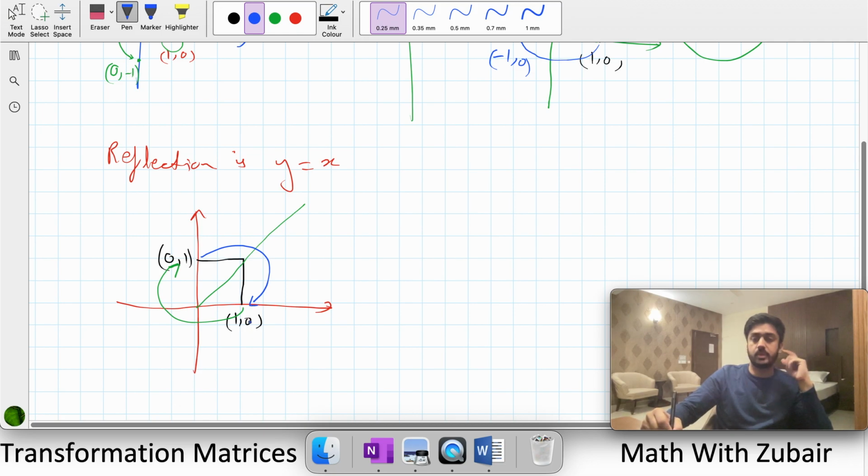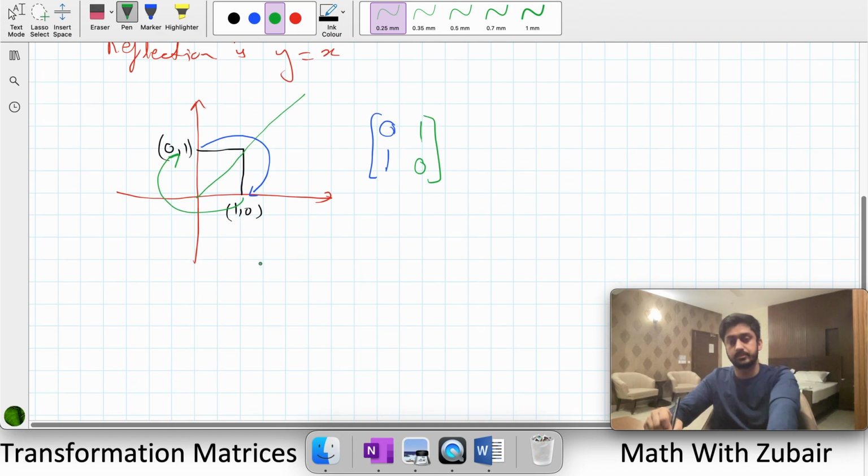So after reflection, the point on x-axis becomes 0, 1. You always write the answer what happened to the point on x-axis, and the point 0, 1 which was on y-axis became 1, 0. So this is the matrix of reflection in y is equals to x.